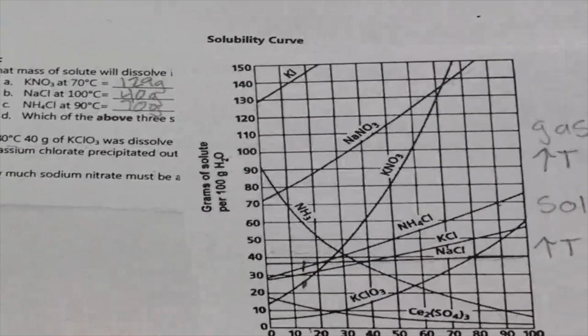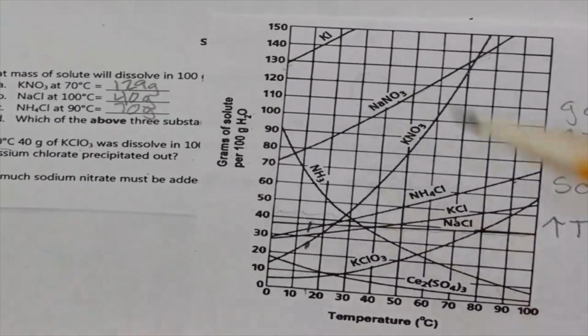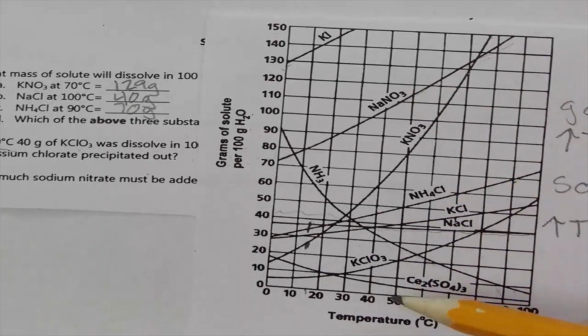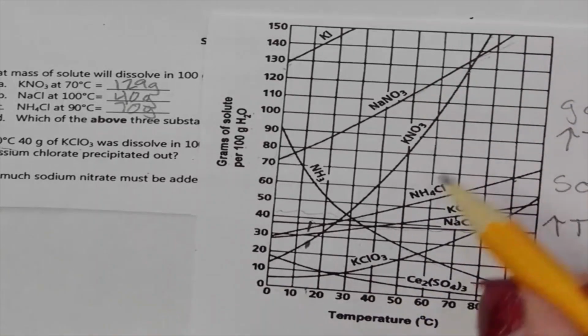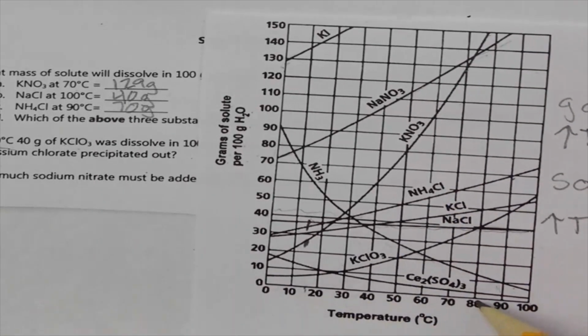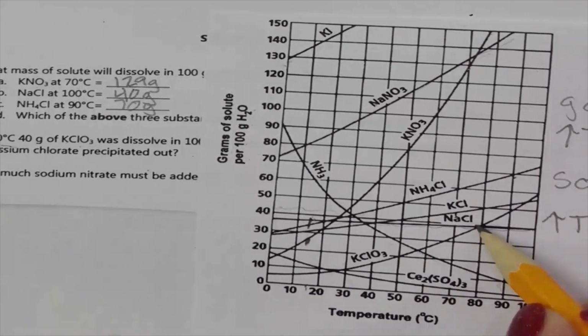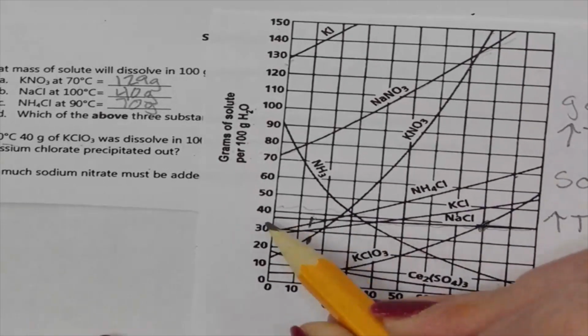So potassium chlorate at 80 degrees is able to hold 40 grams.